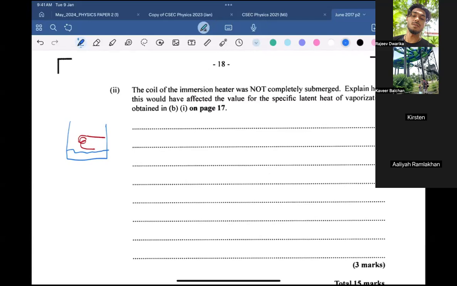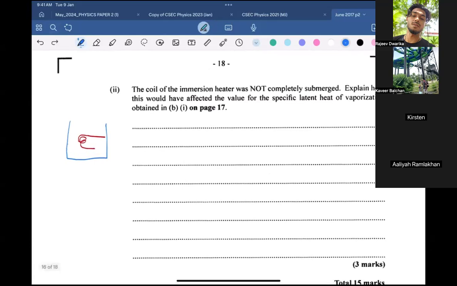So if the coil is not fully submerged, what will happen to the amount of water being converted to steam? Will less water be converted to steam or more? Think about it. Will the water heat up faster or take a longer time to heat up?